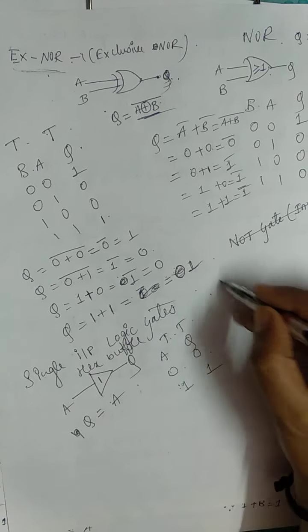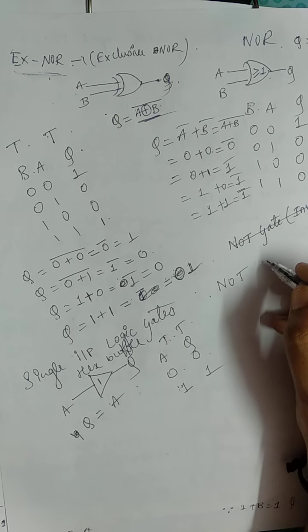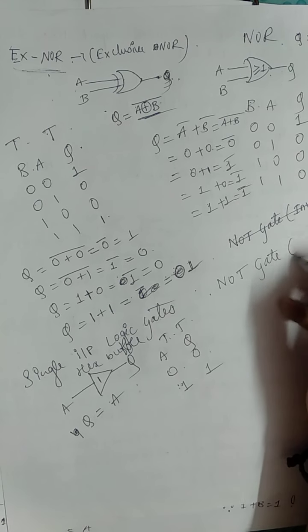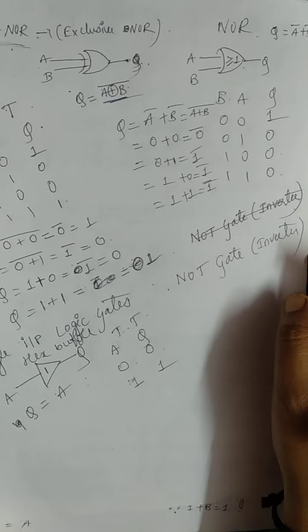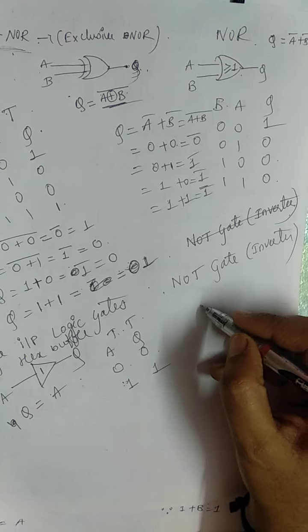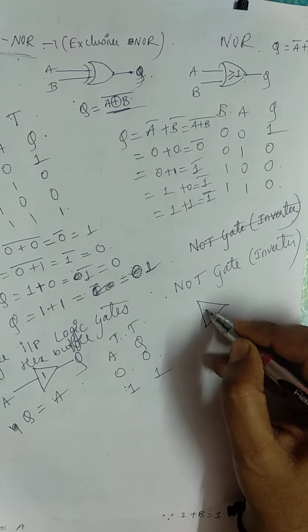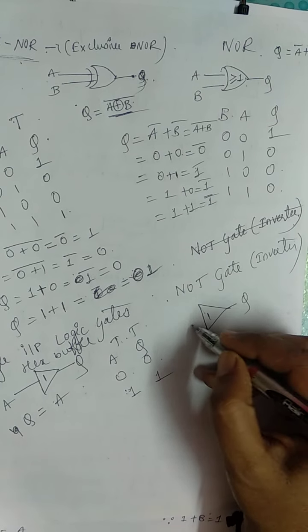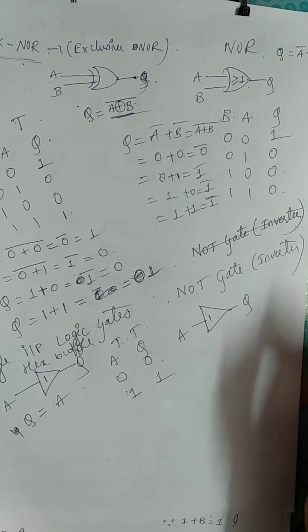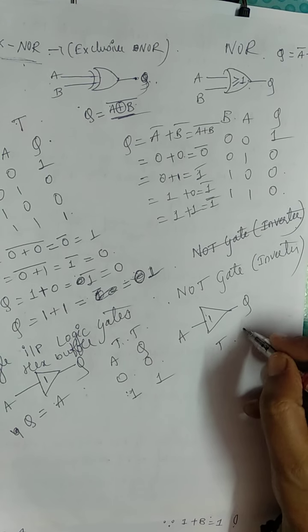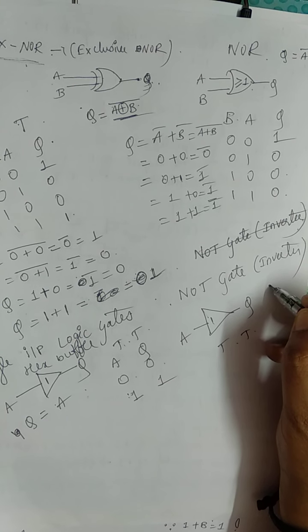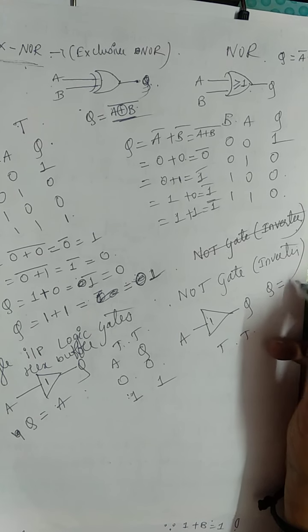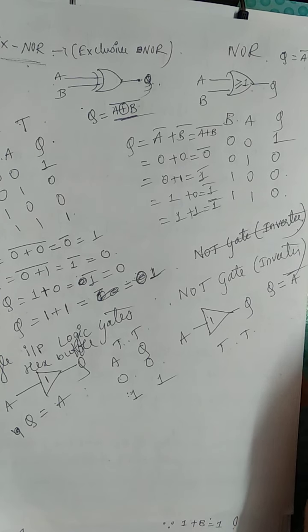But the NOT gate is the inverse of this hex buffer, because the symbol representation of the NOT gate is the same as the hex buffer. Before the truth table, we'll see the Boolean expression for the NOT gate is A bar.